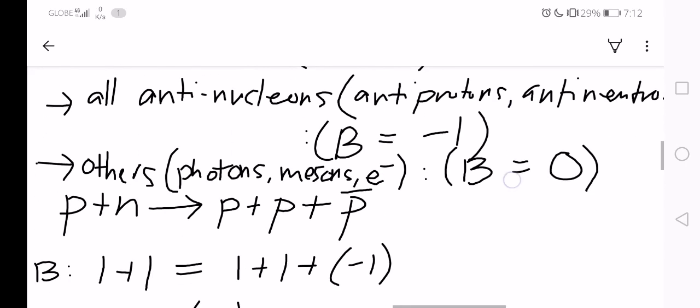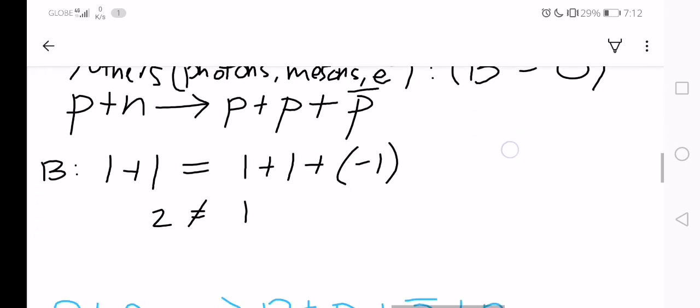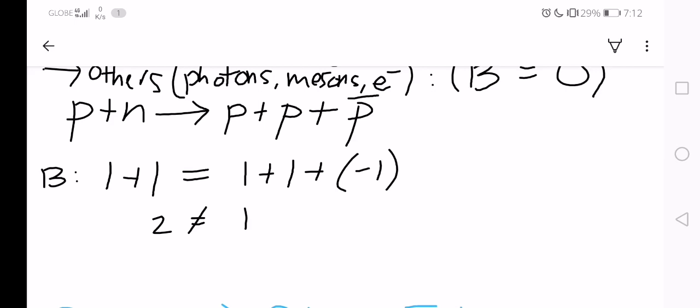So let's see how the first reaction earlier violates the conservation of baryon number. You have one proton and one neutron, so initially their baryon number is 2. And then after the interaction, it produces one proton and one antiproton.